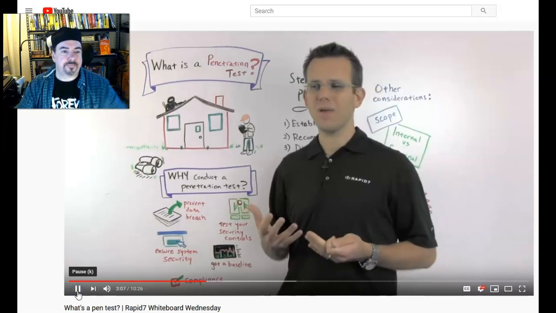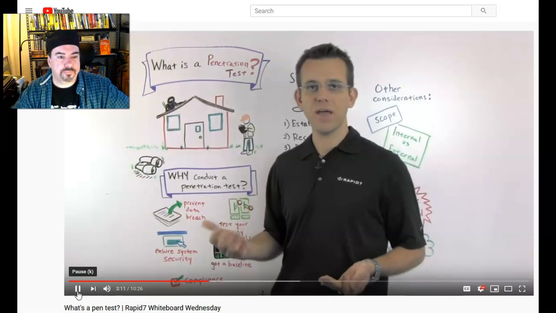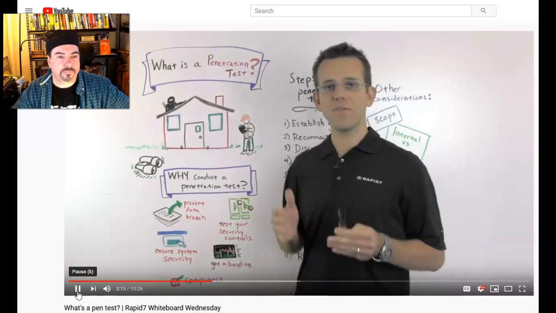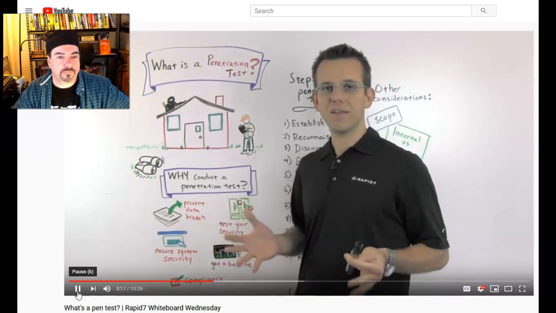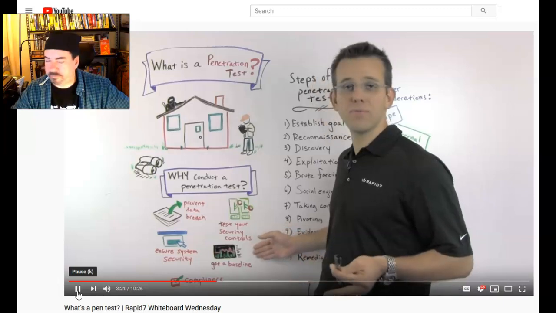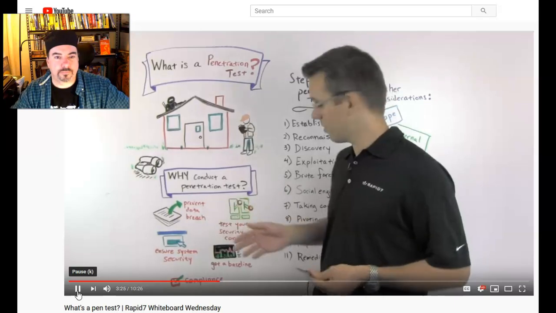To figure out, hey, where should I spend my security dollars? Where do I need to focus my efforts? And so doing a penetration test gives you that insight. It really tells you, hey, we were able to breach this network with X, Y, and Z methods. These systems are insecure and so on.